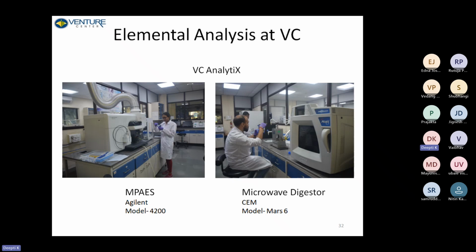We have the capability and expertise to convert your sample, be it solid, liquid, or untreated, completely, using a microwave digester, and then it will be analyzed using the MP-AES equipment. We also have a wide application range, right from heavy metals to trace metal analysis. We are equipped to do everything here.